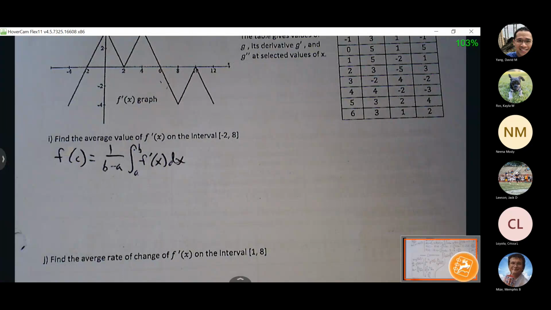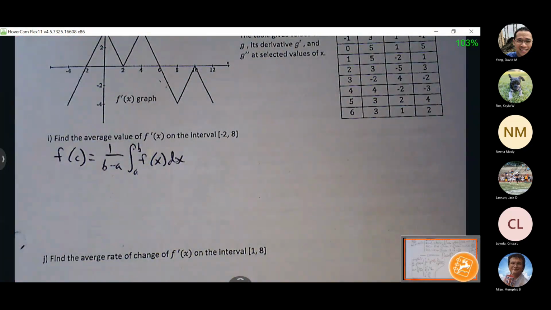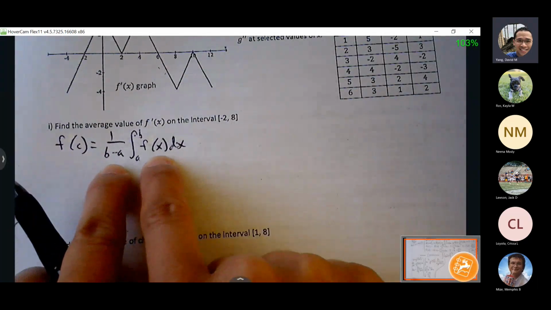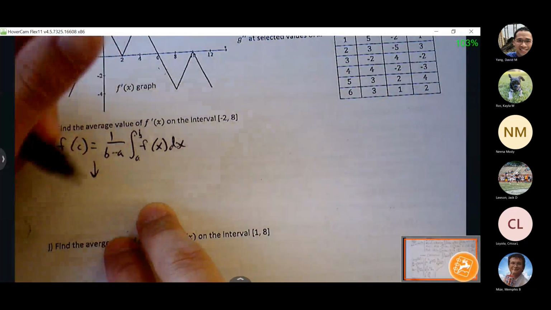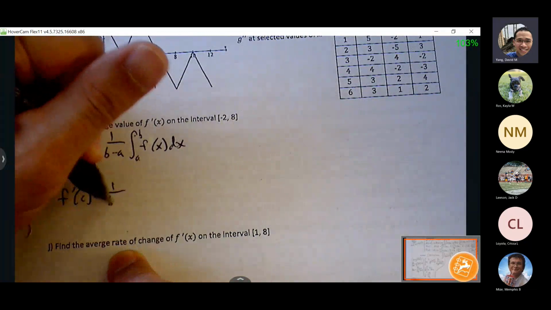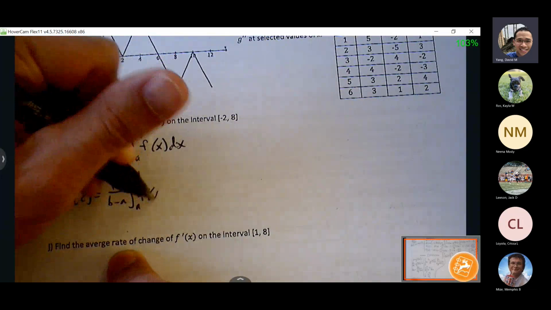The original average value theorem is just 1 over b minus a, integral from a to b of f of x. But we want to find the average value of f prime. So if I want to adapt it, f prime of c will be 1 over b minus a, integral from a to b of f prime of x.